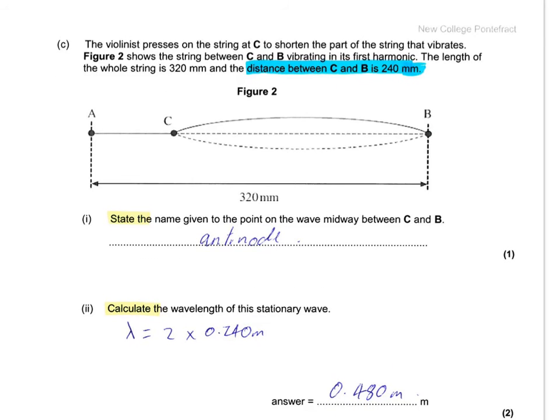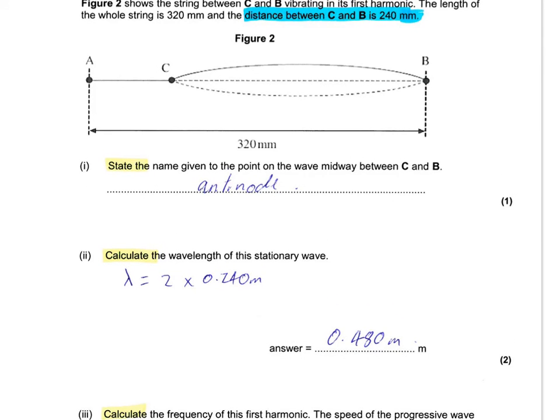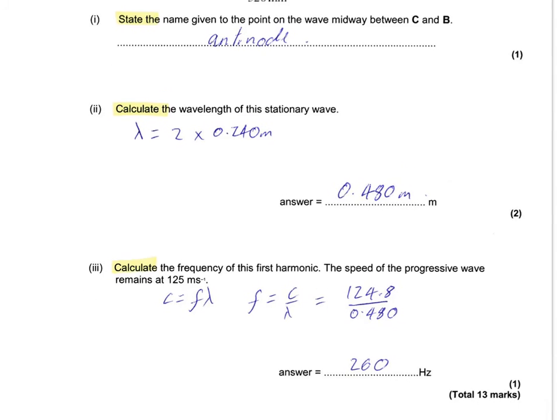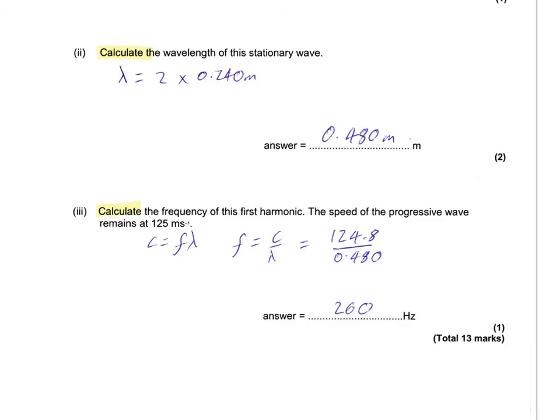Calculate the wavelength. Remember, from node to node, which is 240 mils, is half a wavelength, so I've written that into meters, 0.240, and therefore the wavelength is twice that, 480 millimeters. And then finally calculate the frequency of the first harmonic, and the key is it's the same string. It might be shorter, but it's the same mass per unit length, it's the same tension, so the speed of the progressive wave remains at 125 meters per second. c equals f lambda.